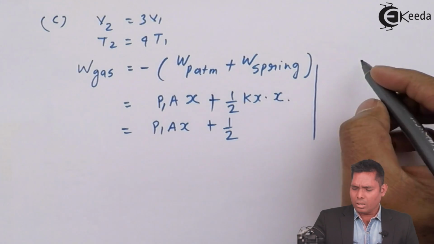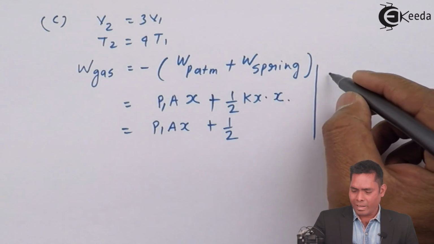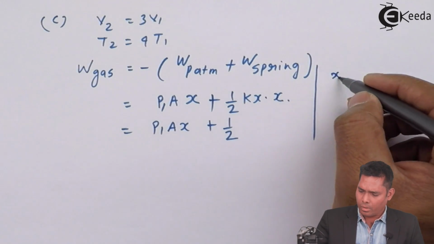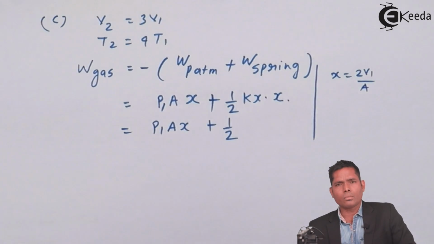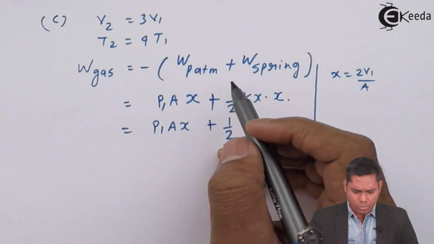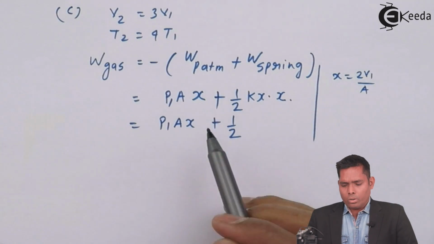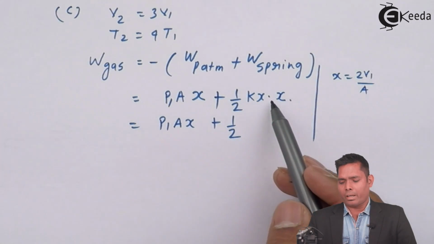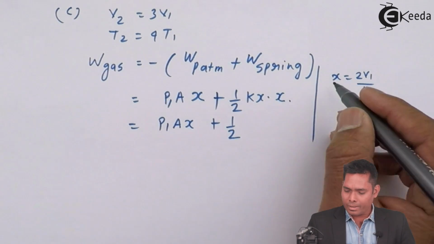In this situation, while the piston moves by x, the volume change is 2V1, so x is 2V1 by A. So P1 Ax plus work done due to spring, half kx square, which is kx into x, and x here is 2V1 by A. Why is it 2V1 by A?